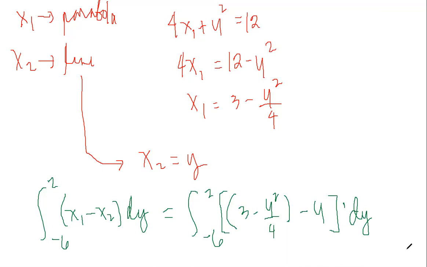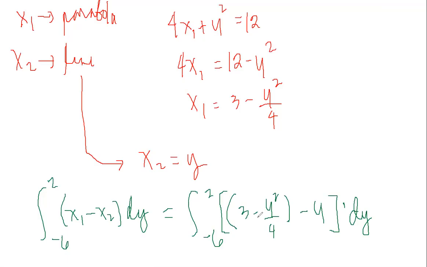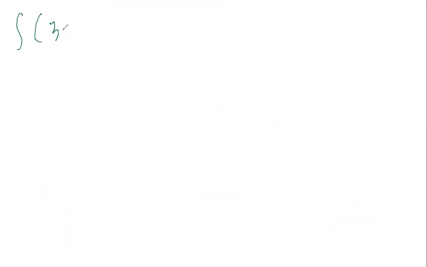Since we lack space, let's use the other side. Let's simplify. That's the integral of 3 minus y minus y squared over 4 dy from negative 6 to 2.